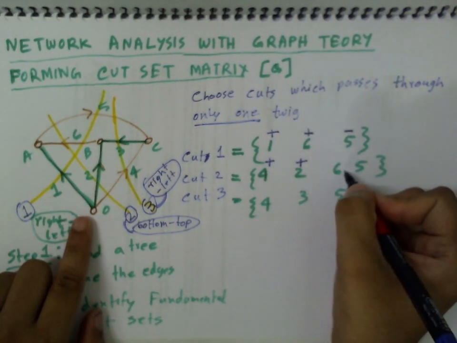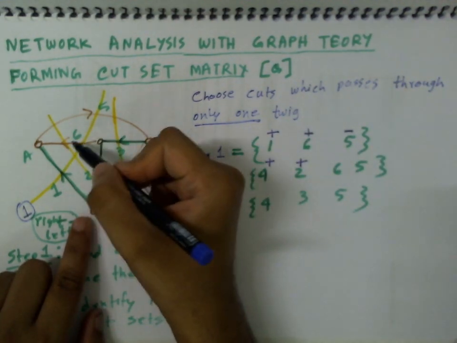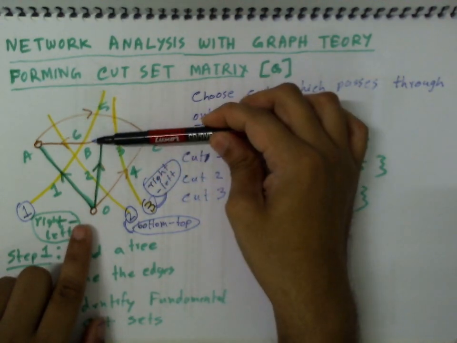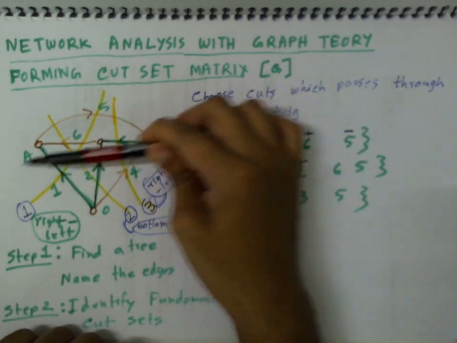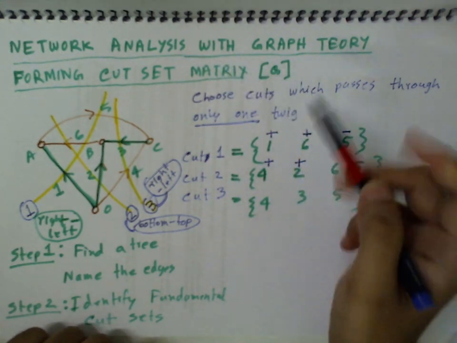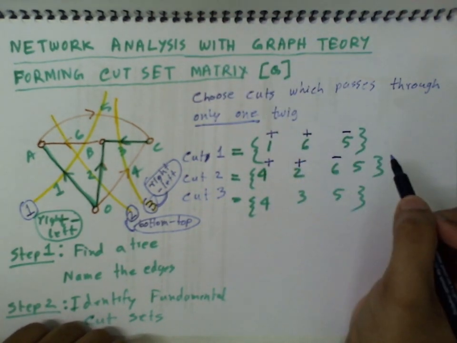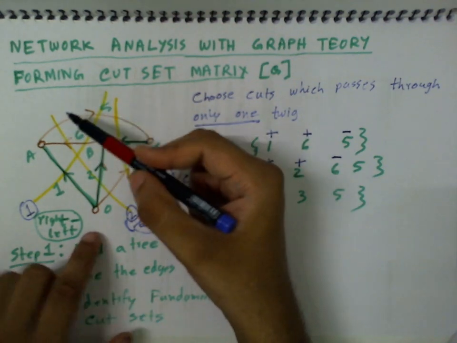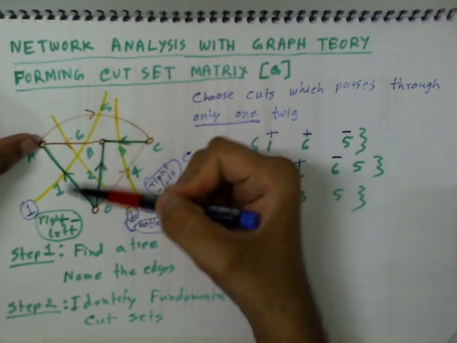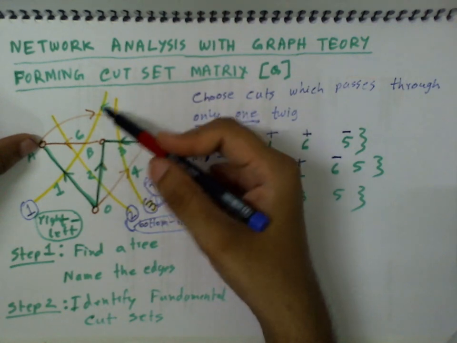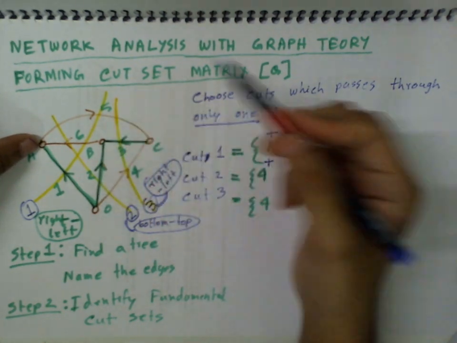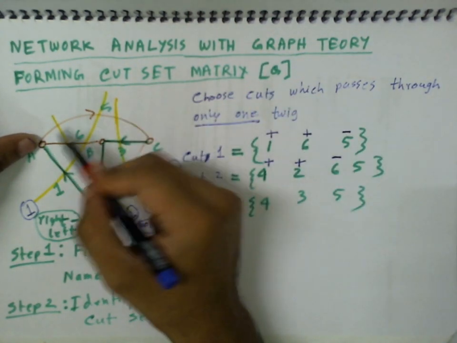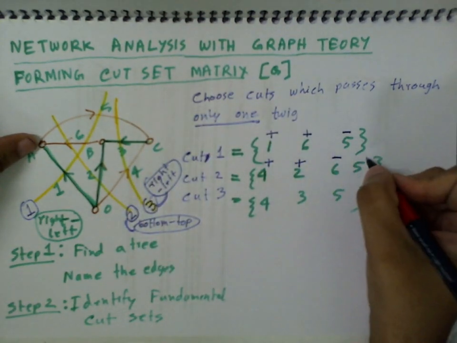Edge number 6 is in the opposite direction, so I put a minus sign here. Edge number 5 is in the same direction as cart 2, from out to in, so I put a plus sign here.